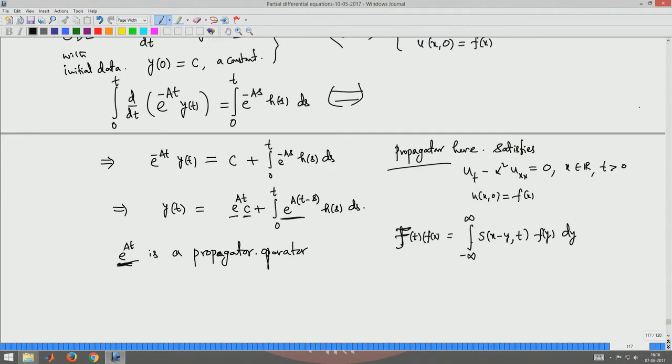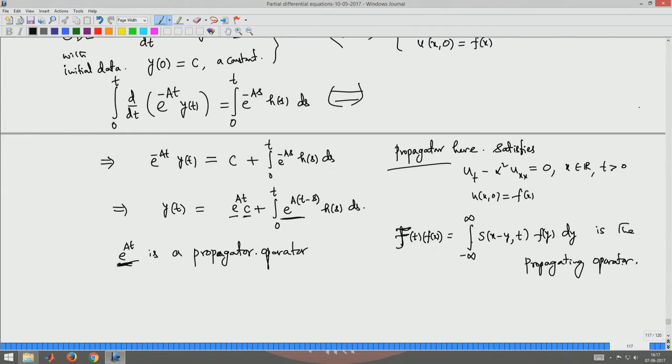If you act on f(x), that should finally be a function of x. Okay. So, it takes f(x), with x from minus infinity to infinity, to finally another function of x, of course t is also there. So, this is the propagating operator.